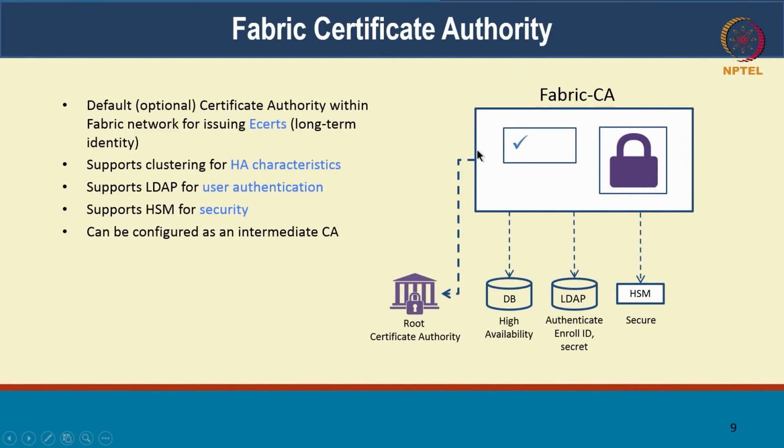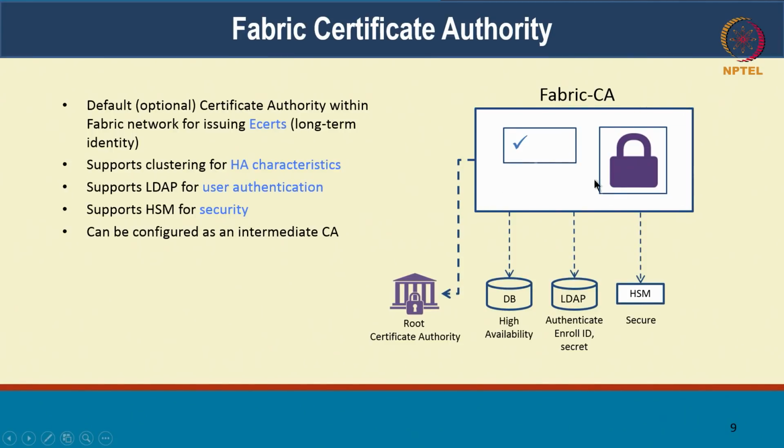So the Fabric CA is attached to a root certificate authority, and it can have multiple hierarchical levels. So you can have intermediate certificate authorities that link to the root CA and so on. It has a database, and it can also support high availability characteristics. So even if, let's say, one part goes down, it'll still be functional. It can be connected to other identity mechanisms like LDAP and so on.